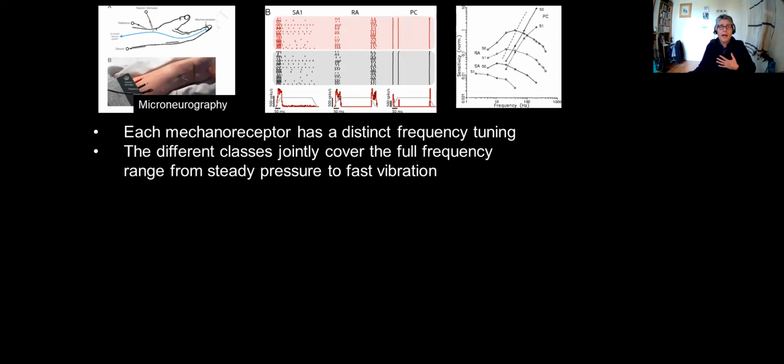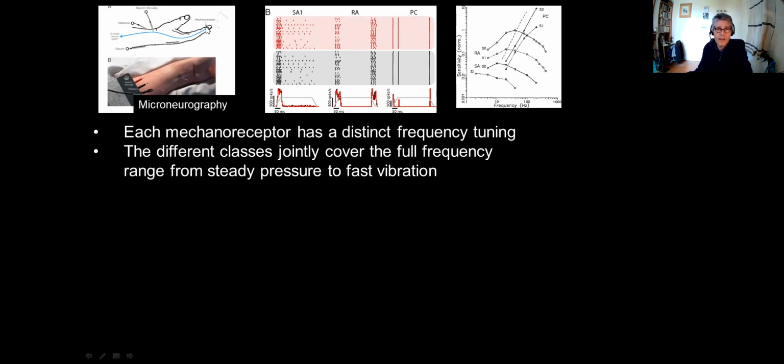Now, a lot of what we know about these receptors comes from a beautiful technique called microneurography. In microneurography, a very, very thin wire electrode is inserted through the skin, and it actually is placed into the bundle of nerve fibers that run from the skin towards the central nervous system.